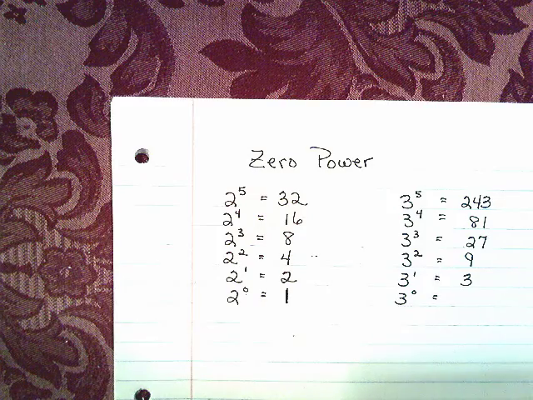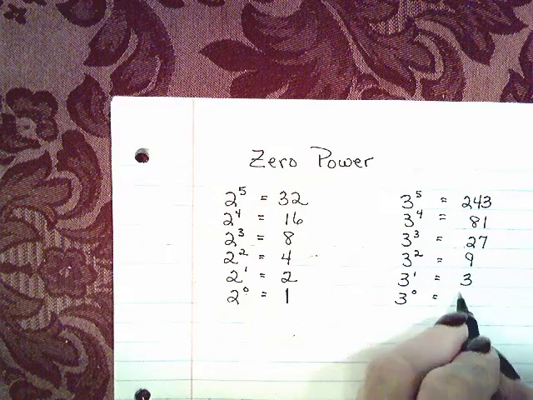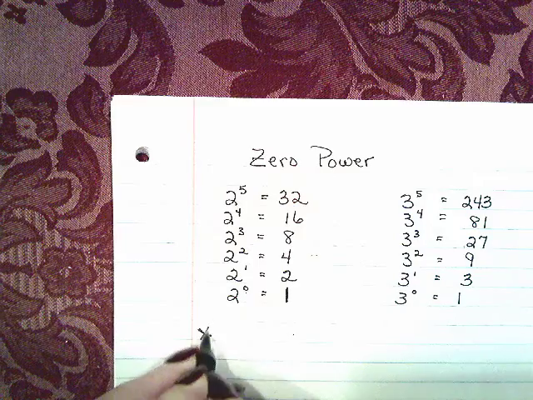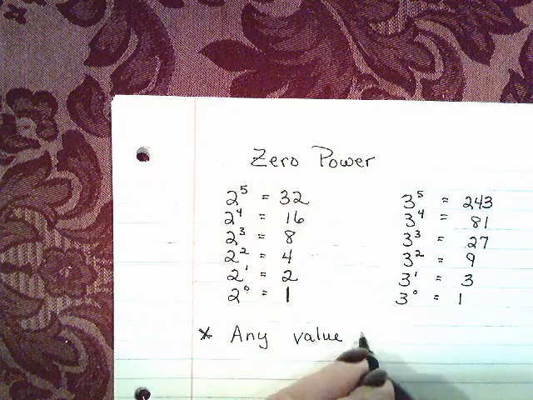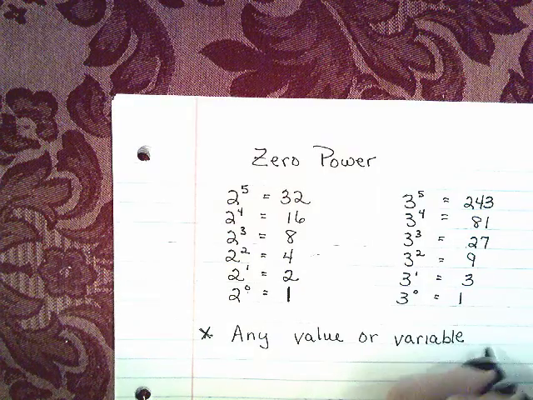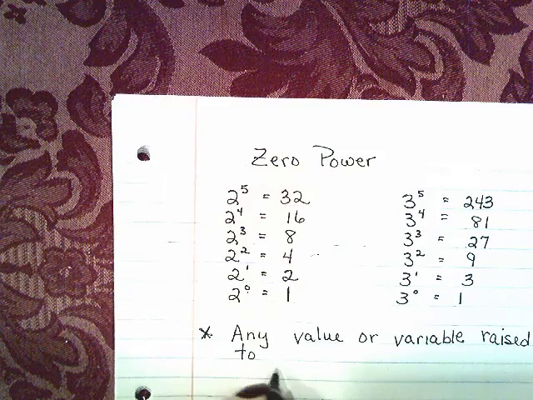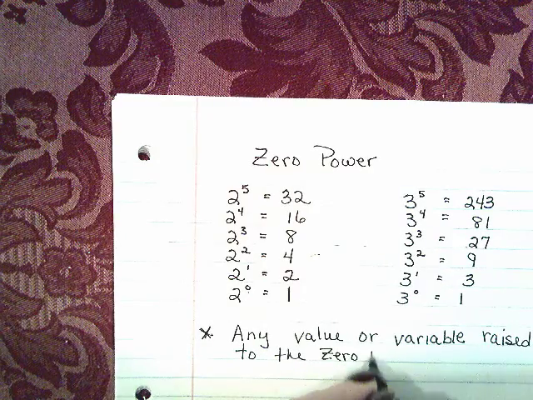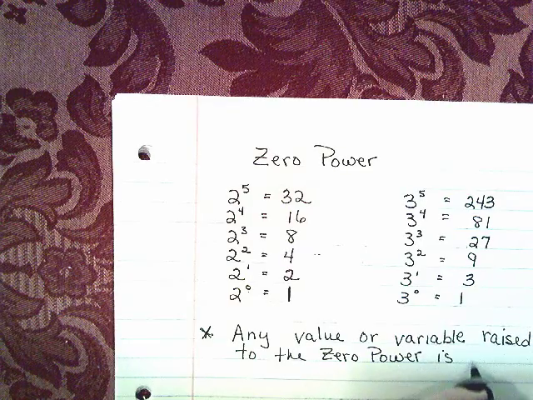So now each time that I'm dividing here, I'm dividing by 3. What do I get when I hit 3 to the 0 power? It would be 1. So for this, any value or variable raised to the 0 power is equal to 1.